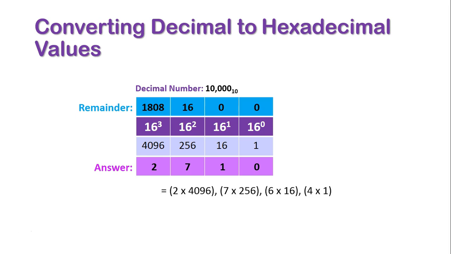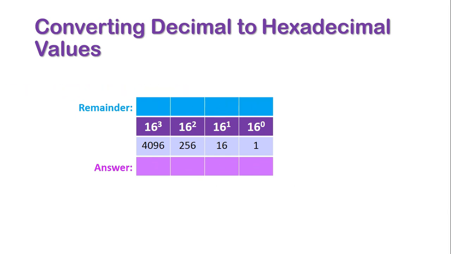So what our formula looks like is 2 times 4096, 7 times 256, 1 times 16, and 0 times 1, which gives us 2, 7, 1, and 0. None of those values convert into letters, so essentially that is our answer with the base 16 next to it.